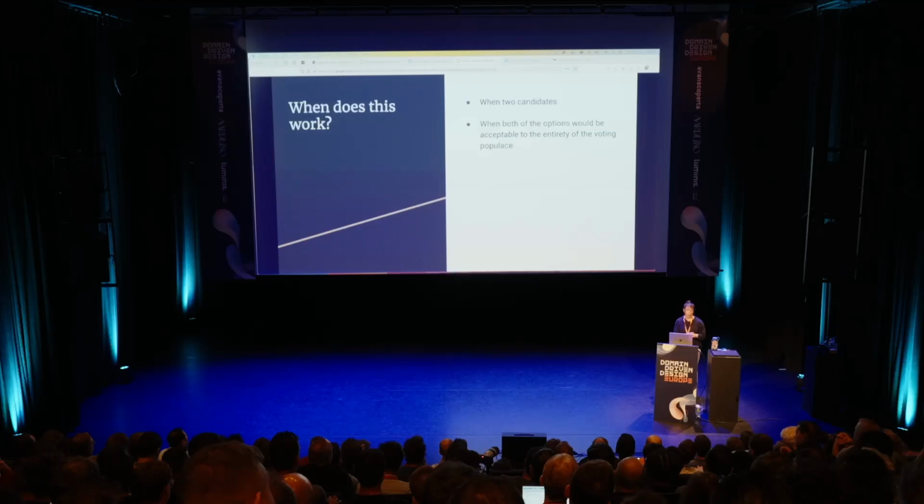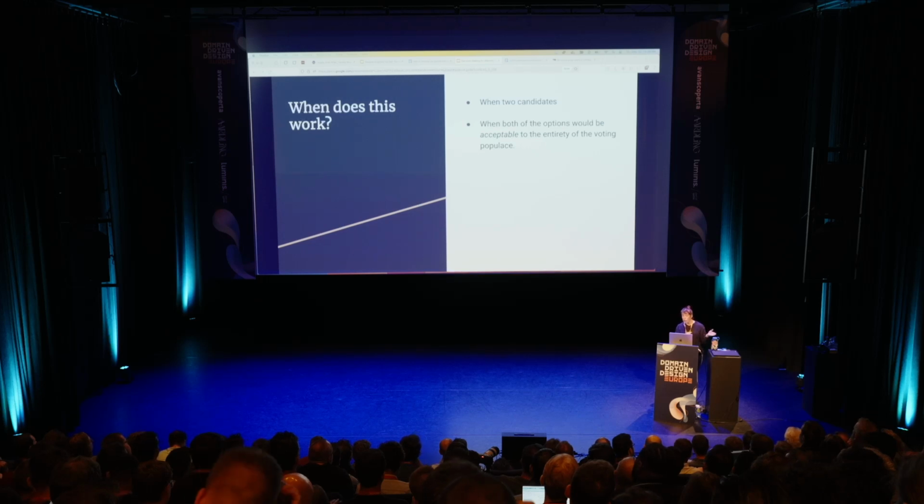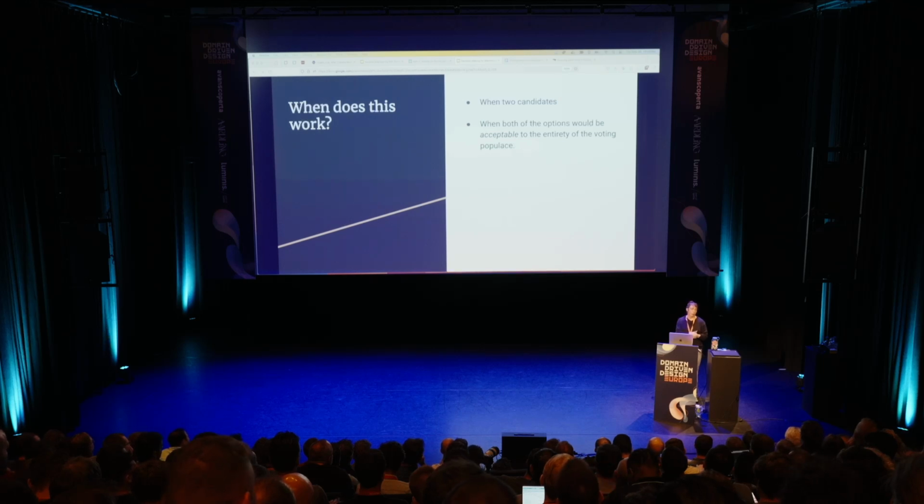It's also not only a condition for majority winner-take-all voting to work well, but kind of a condition for it to work at all, that all of the options be acceptable to the entirety of the voting populace. This is the big one that majority voting tends to miss completely.